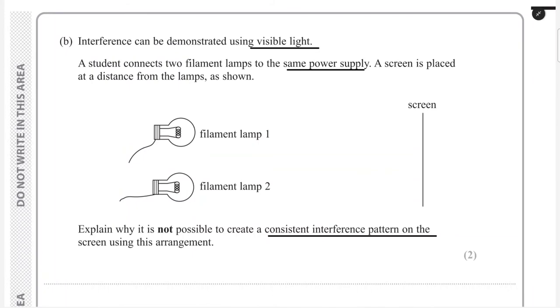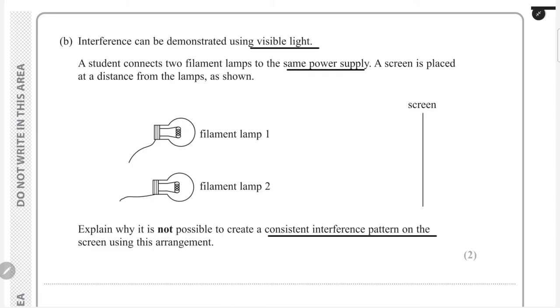Oh, my bad, I stated something wrong just a moment ago. They do not have to be coherent just because they are connected to the same power supply. There might be a delay for the light to go to filament lamp 1, or the filament lamp might take a longer time to heat up due to that current depending on its filament over here.